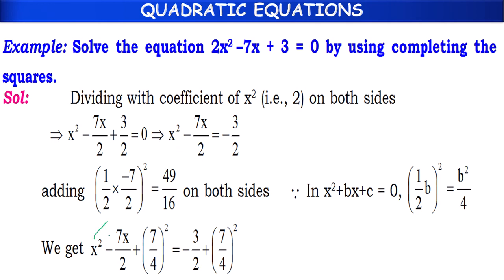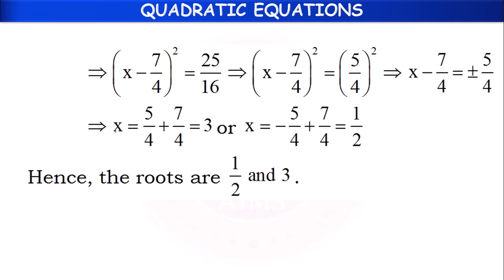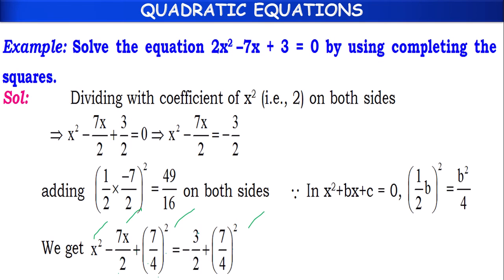So we are adding to x square minus 7x by 2, plus 7 by 4 whole square on both sides. Now this is x minus 7 by 4 whole square. We have written it in the form of a minus b whole square, equal to, after simplification, minus 3 by 2 plus 49 by 16.